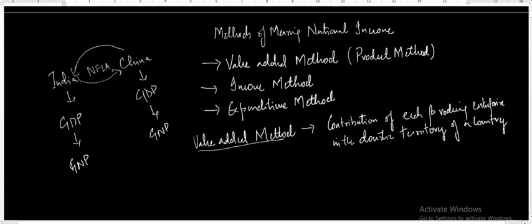In this case we have to first identify the producing enterprises, then we can classify them into industrial sectors or as per the area of activity, like the primary sector, the secondary sector and the tertiary sector. Then we can just add them up.